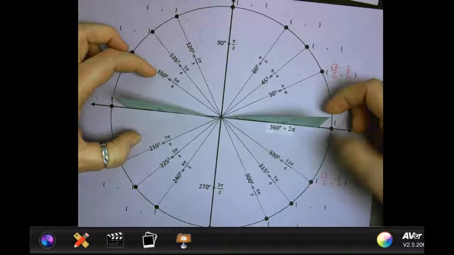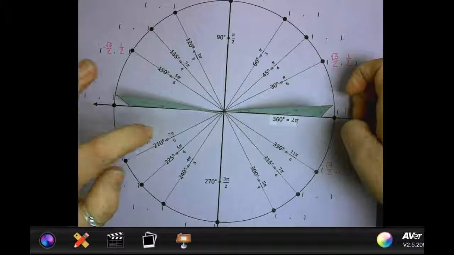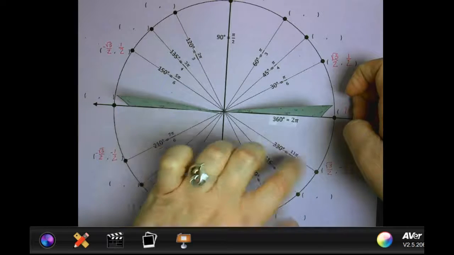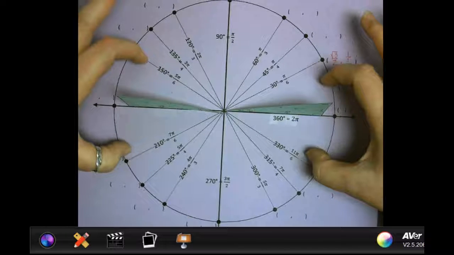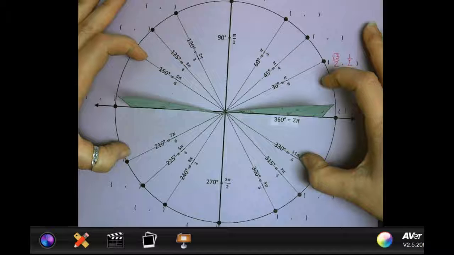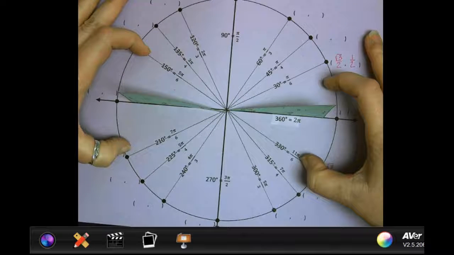So pi over 6, 5 pi over 6, 7 pi over 6, 11 pi over 6. Those angles with sixths are going to have a reference angle of pi over 6.